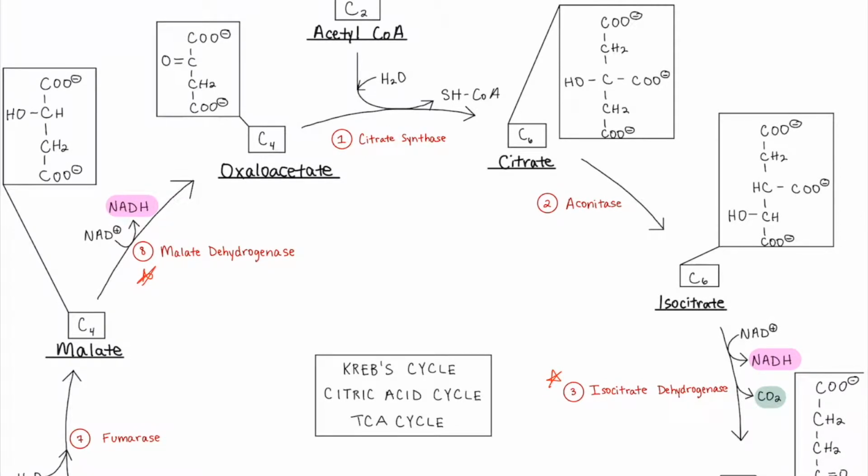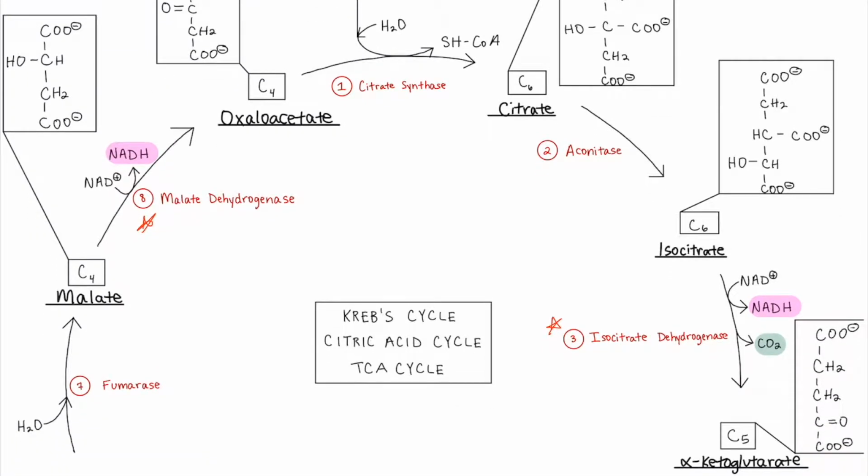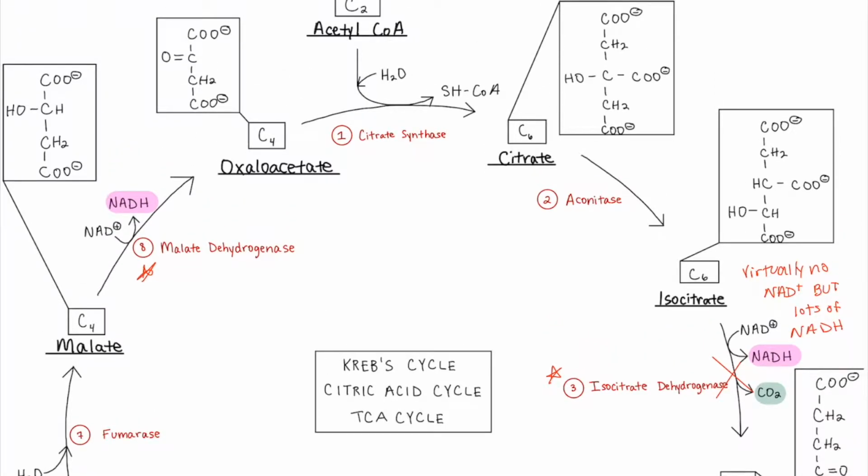Isocitrate dehydrogenase needs NAD plus to make NADH, but there's virtually no NAD plus, and lots of NADH. So isocitrate can't be converted into alpha ketoglutarate. This step won't be happening, and that means we're going to have a buildup of isocitrate.